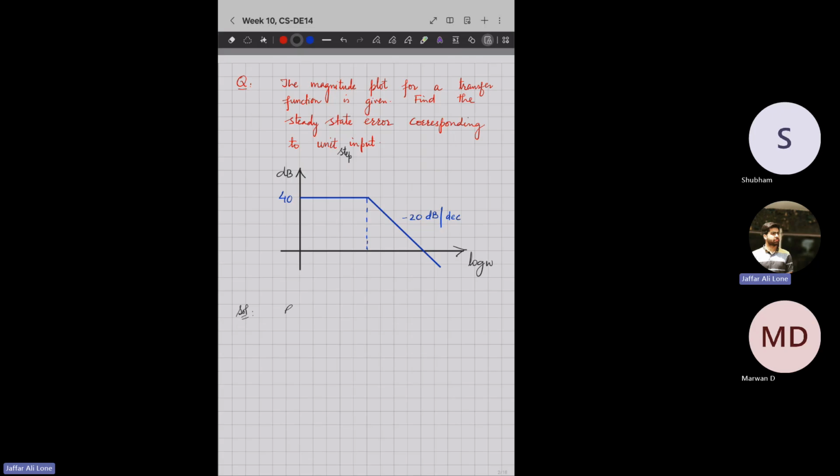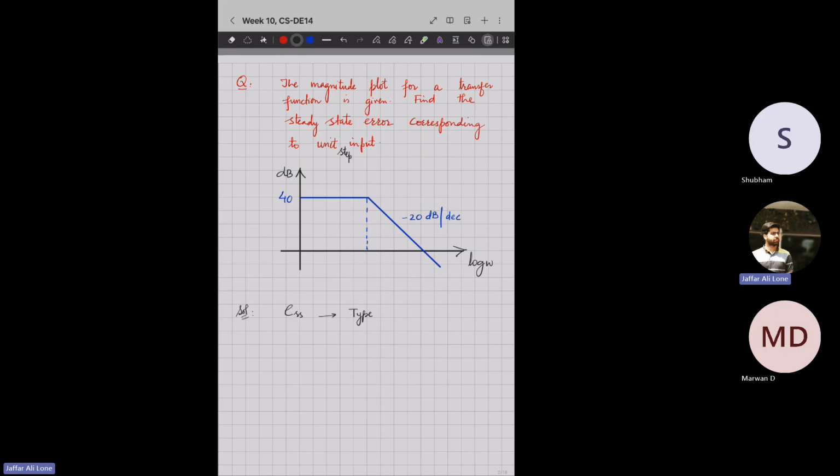Here we can find the transfer function from this plot, and that will give us the type of the system as well. When we know the type of the system, we can easily find steady state error from the formula. So let me solve this question for you.